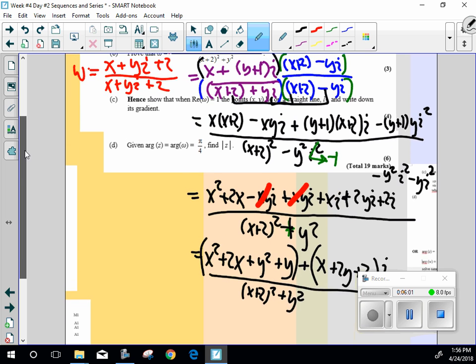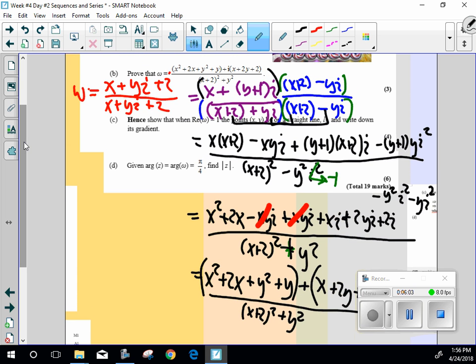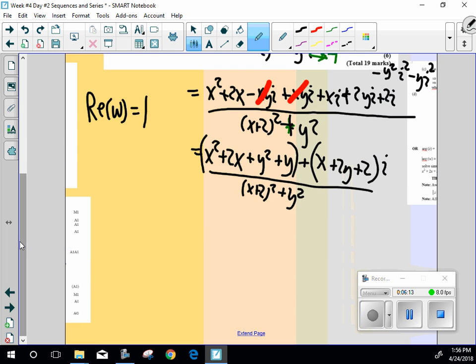Next, part C, it says, hence, your favorite word, show that when the real part of omega is equal to 1, you're going to end up with a straight line. Does this sound terrible? It's freaky, isn't it? But this is going to be way easier than the last part. Because the real part, I'm going to highlight here, and here.